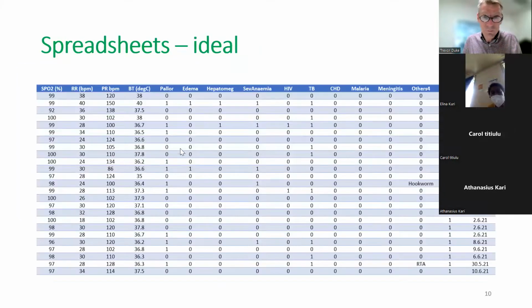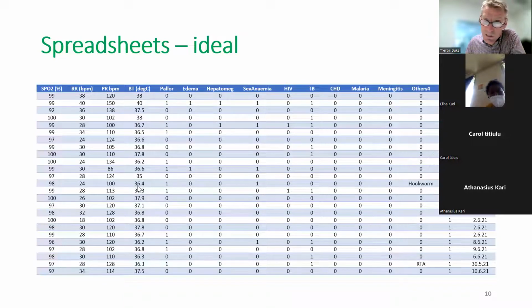This was another very good spreadsheet that was just from last year. I thought it was excellent in the way it was constructed. Categorical binary outcomes were 1s and 0s.